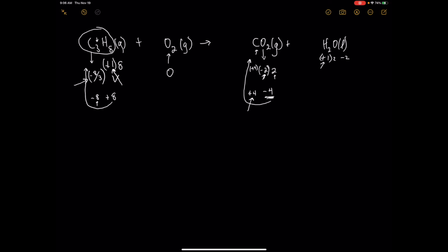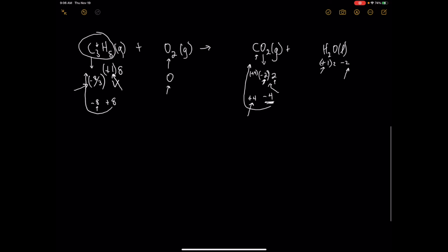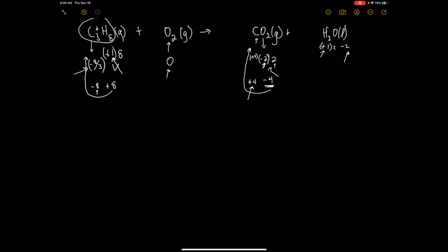But what we are looking at also is oxygen. It had an oxidation state of 0 on the reactant side, but on the product side, everywhere it has a charge of -2. Okay, so that means it has also changed. So the things I'm analyzing here are going to be the carbon atoms in C3H8 and the oxygen atoms, okay? So the carbon changed, and it went from being very negative to being more positive, okay?